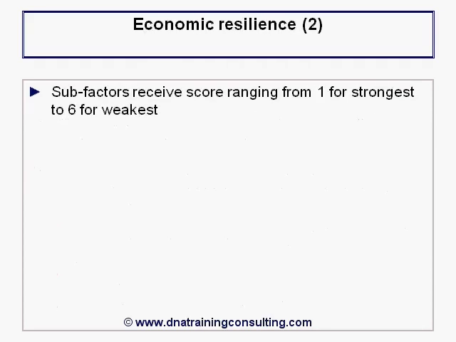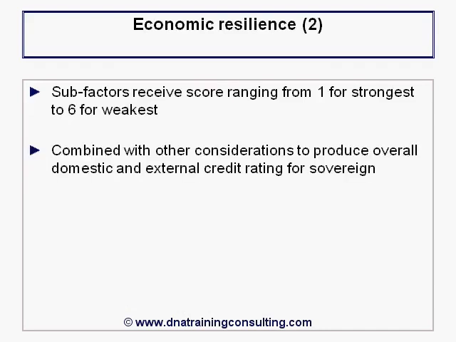As with the factors under BICRA, these receive a score ranging from 1 for strongest to 6 for weakest. These are ultimately combined with other considerations to produce an overall domestic and external credit rating for the sovereign.